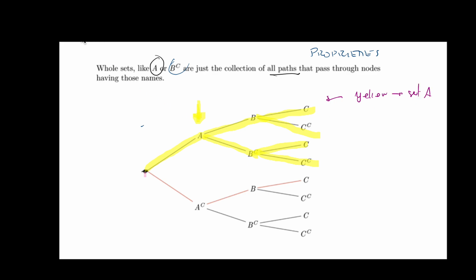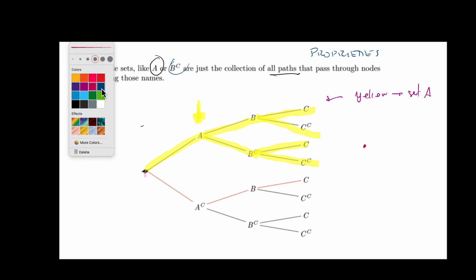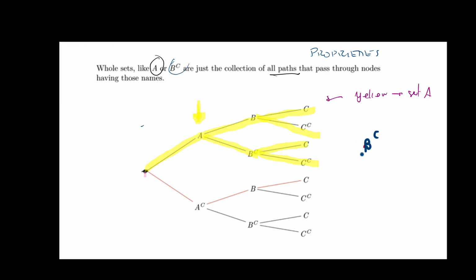Now what about, let's say, representing B complement. Now I want to represent B complement, and I'm going to do it in blue. To represent B complement, again, the whole set is the sum of the paths that pass through the set.